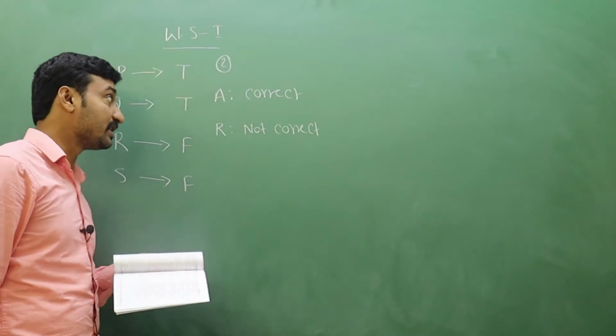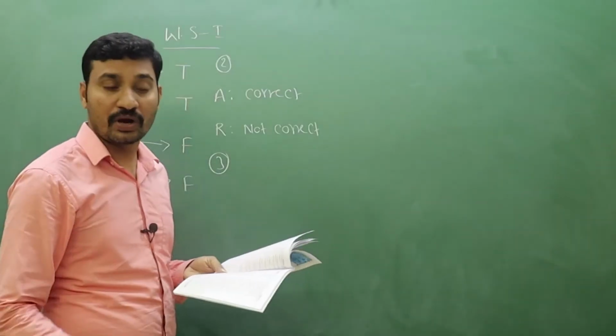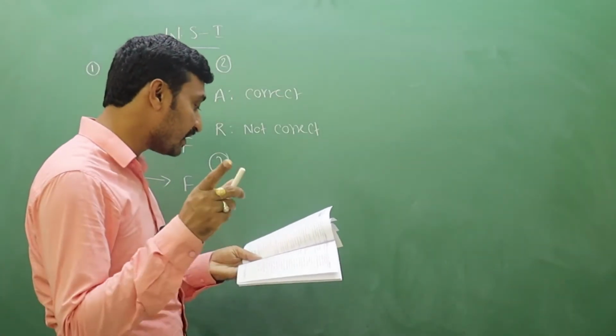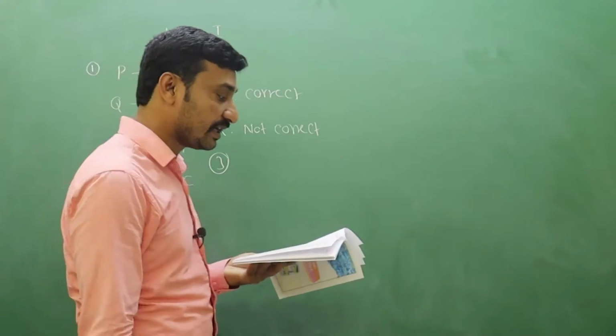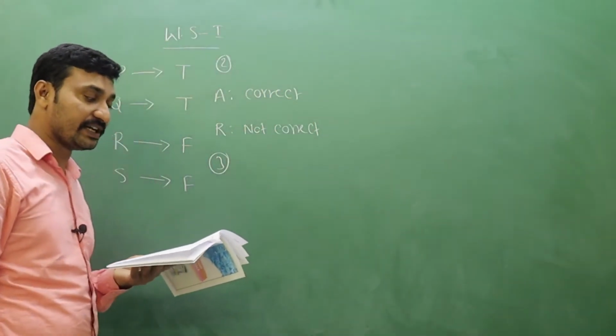Okay. Question number 3. The major metals in the earth's crust in decreasing order of their abundance are... Generally, aluminium occurs in the earth's crust in large quantity, so high percentage. So aluminium is highest, then iron, then calcium, then sodium, then potassium, and finally magnesium.